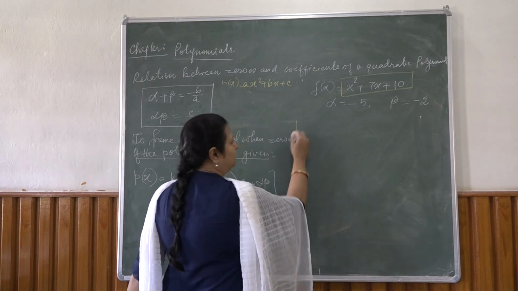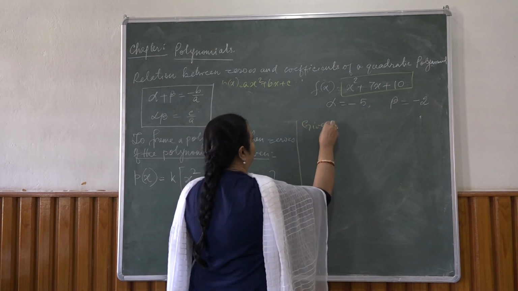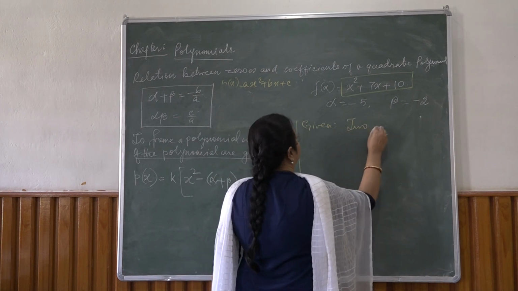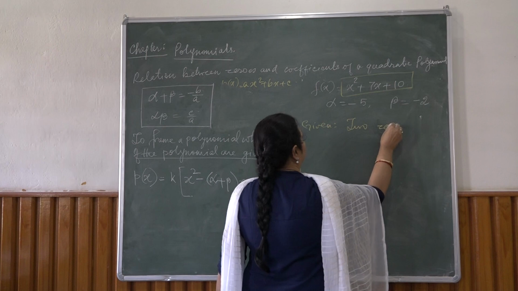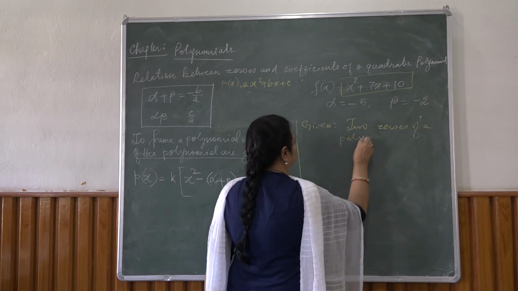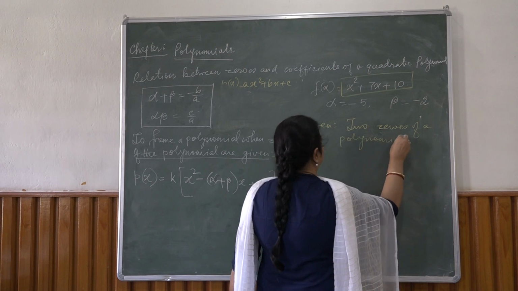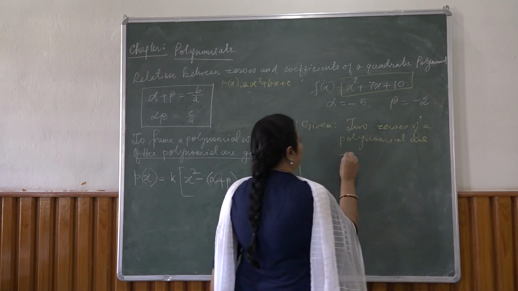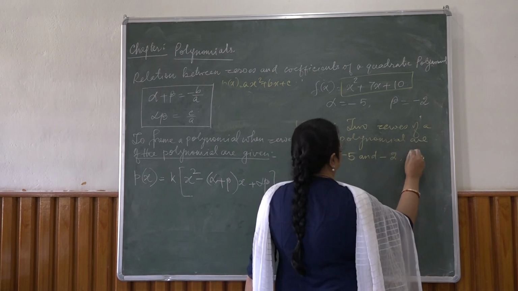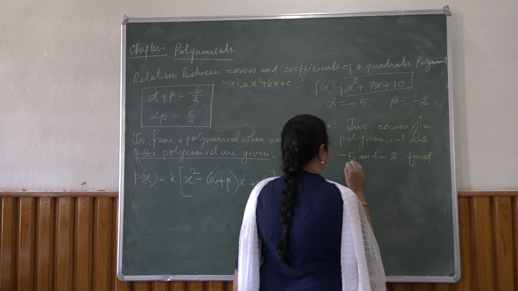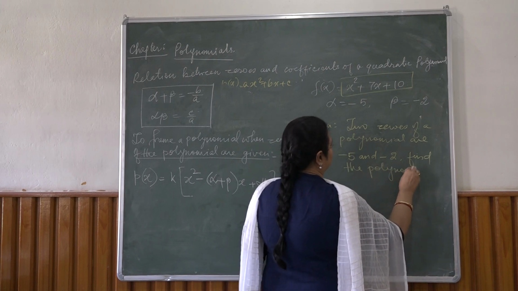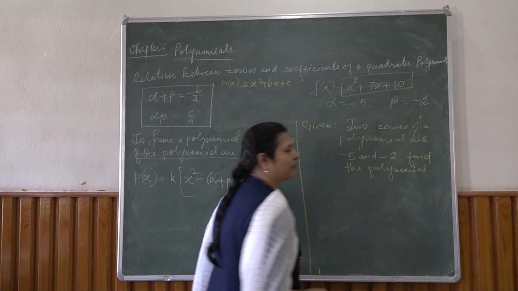The question will be of the form: given two zeros of a polynomial are minus 5 and minus 2, find the polynomial.